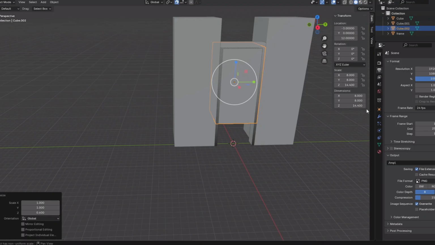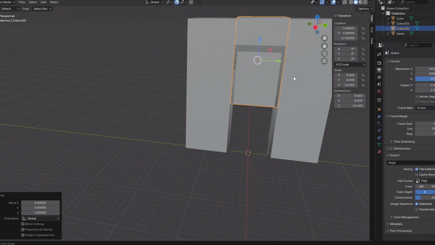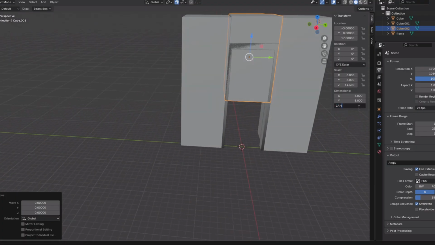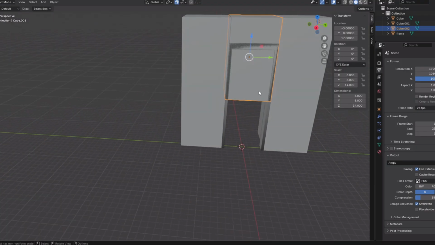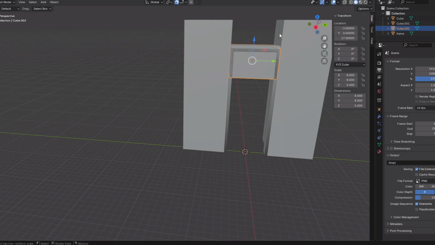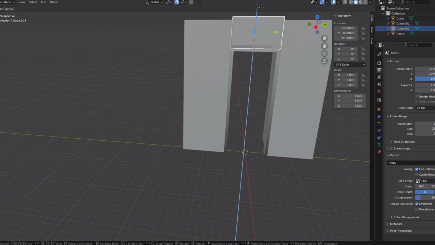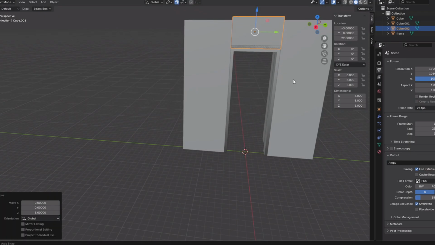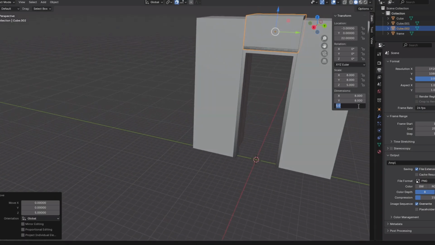What would it be? I'm just going to skip forward on this. What is that? That's gross. It's 5. Gross. Make this 4.